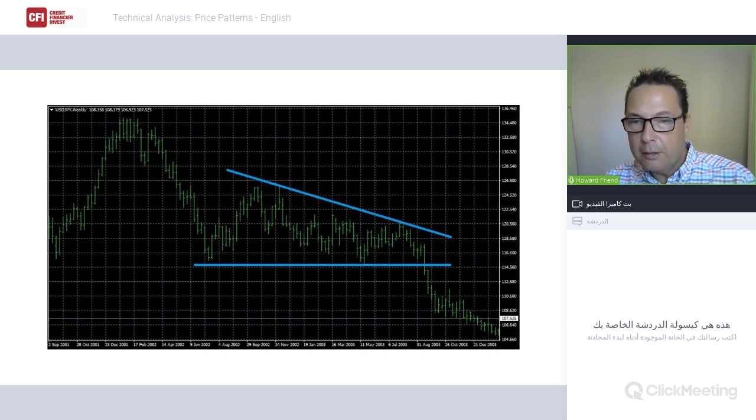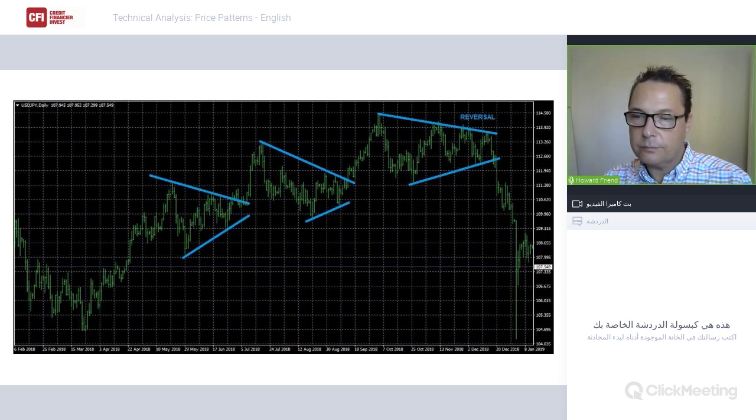So this line here becomes a support line, but what we're seeing is the market fail on the upside attempts. We've got the line connecting these two lower highs, and eventually the support line gives way, and then the market accelerates to the downside.